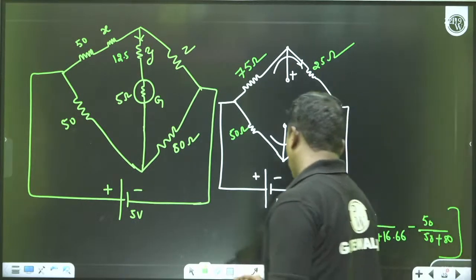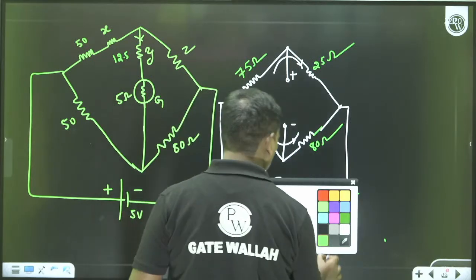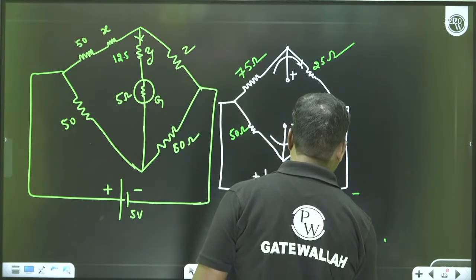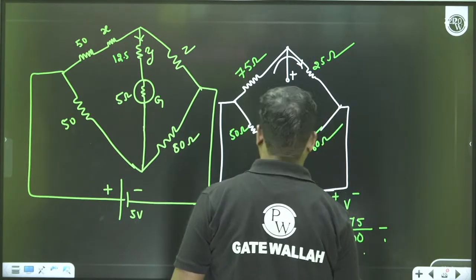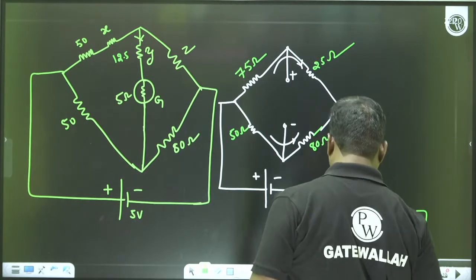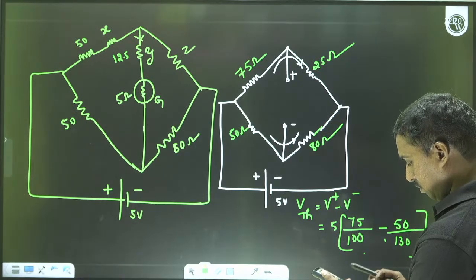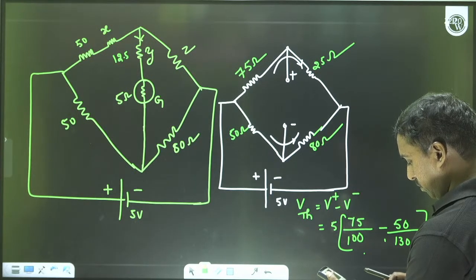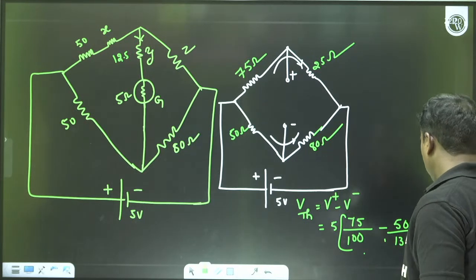So V Thevenin is going to be changed now. V Thevenin value calculation is 5 into 75 by 100 minus 50 by 130, which is 1.826.